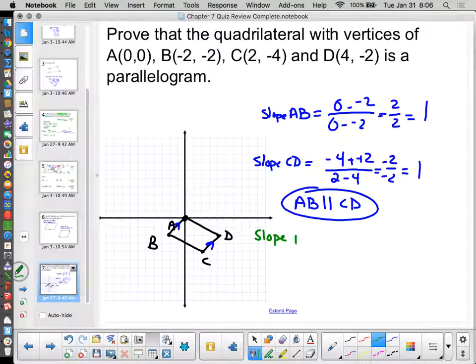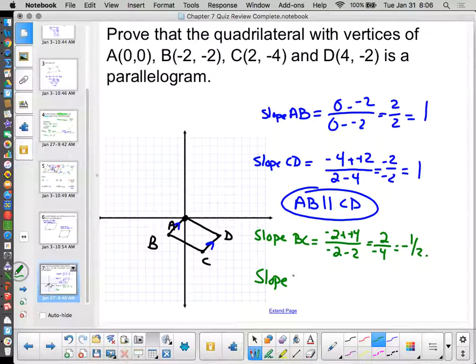So slope of BC equals, show my formula, -2 minus -4 over -2 minus 2. -2 plus 4 is 2. That's over -4 is -1/2.